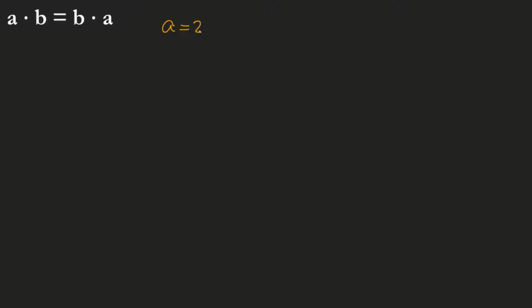Okay? And let's pick B is equal to 4. Okay? So in our example, A times B becomes 2 times 4, which is equal to B times A, which in this case is 4 times 2. Okay?